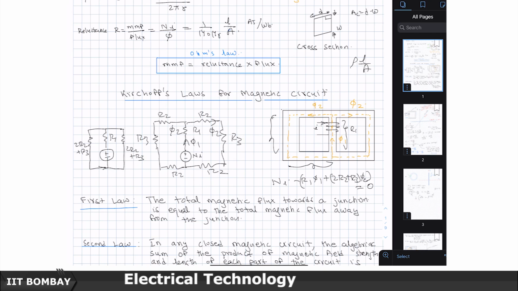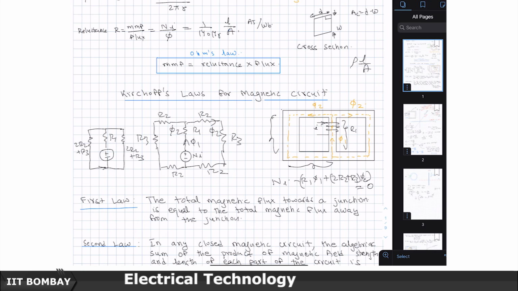This is exactly an analog of an electrical circuit where the voltage source has been replaced by MMF and the resistances have been replaced by reluctances, and the laws are identical, since Ohm's law also has a very similar or almost identical form.